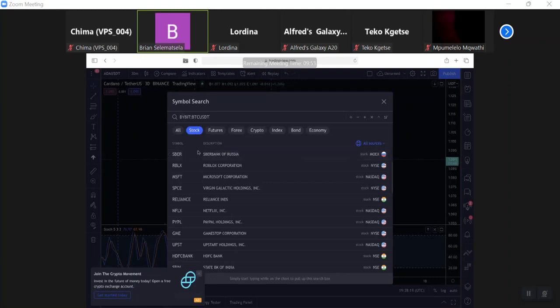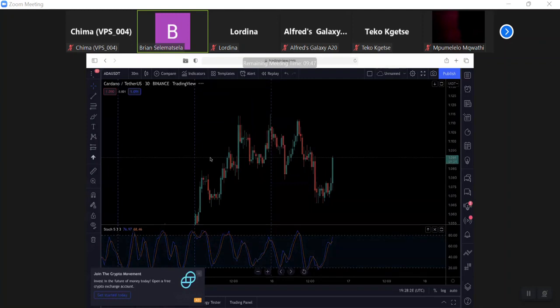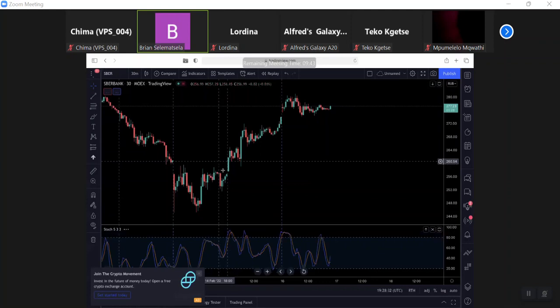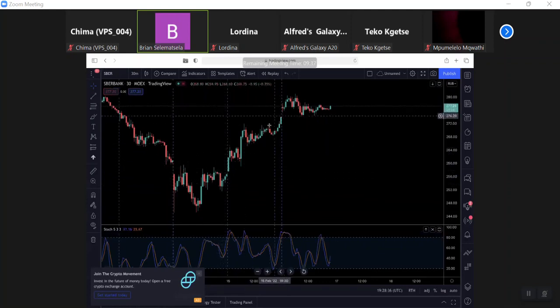Why? Because if I go into a stock asset right now, I can look at that. Let's check any random stock, of course, with the proper chart. On a chart like this, you will see that here there is a gap, and when it is time for divergence and there's a gap there, that's when you can find some difficulties.